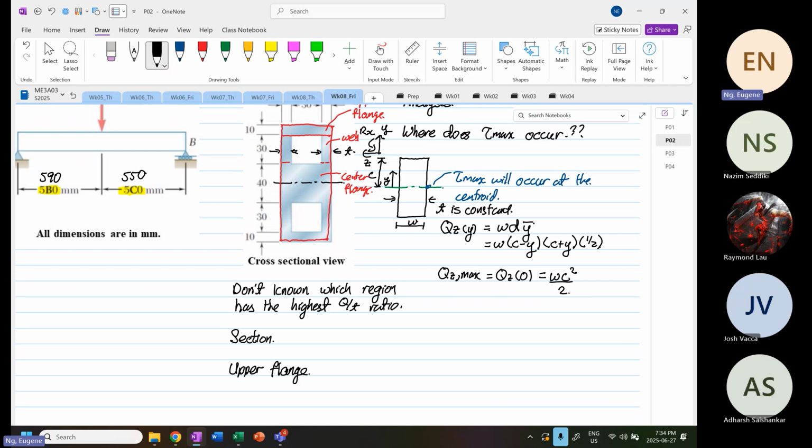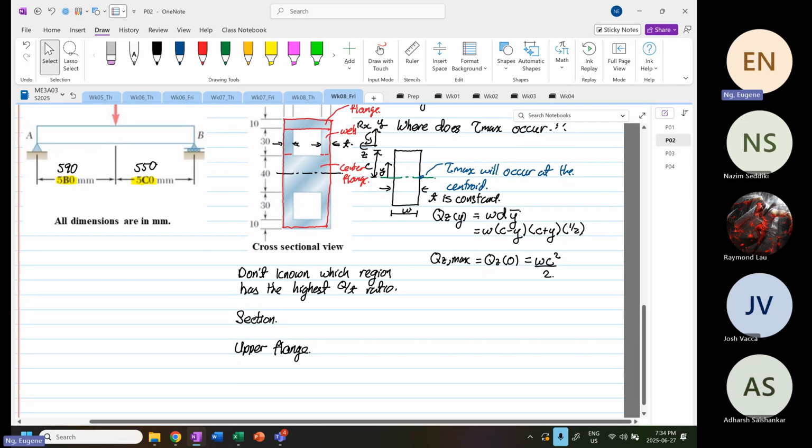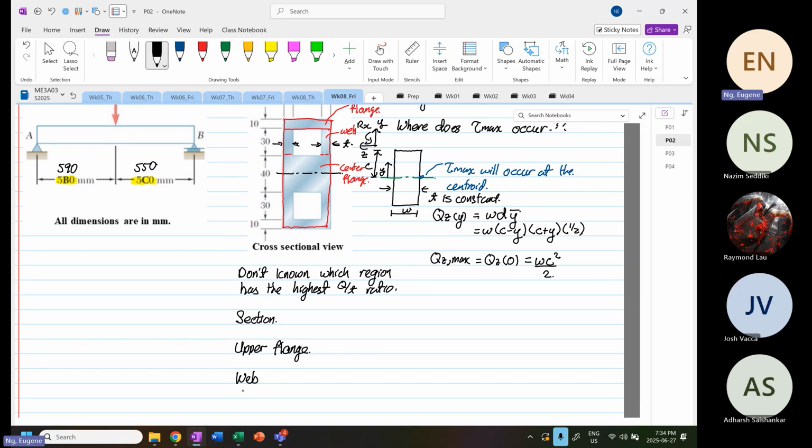So in engineering, there's always a possibility to be sure of the answer, and you cannot make the assumption. You cannot say, I'm going to assume that the centroid has the maximum. You cannot make big assumptions like this. That's where problems will come later on. So we have a section, and then we have our web, and then we have our center flange.